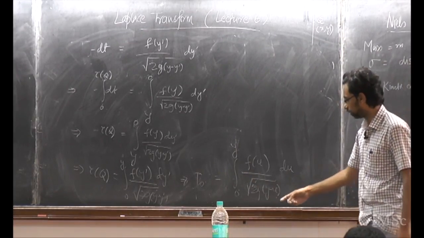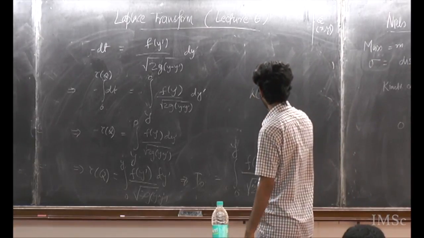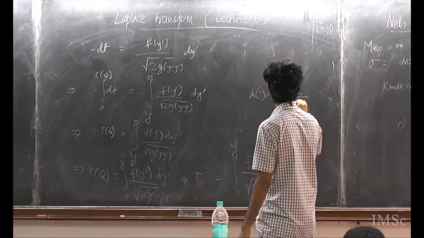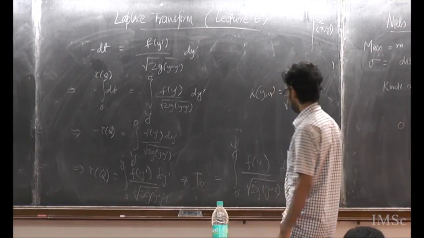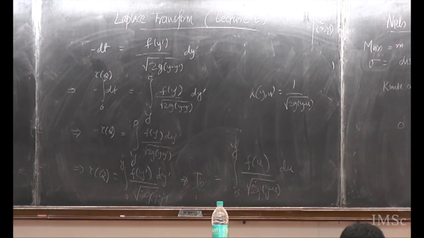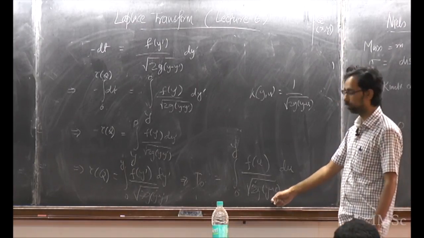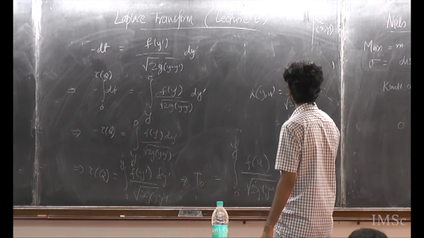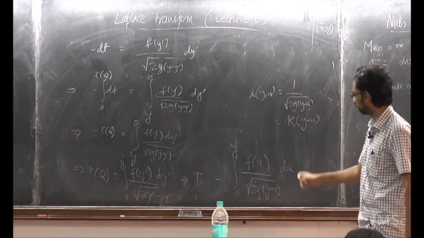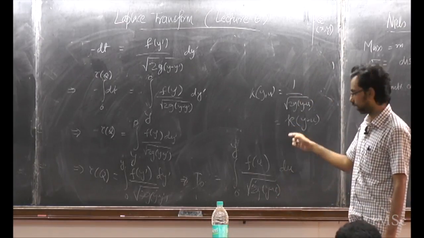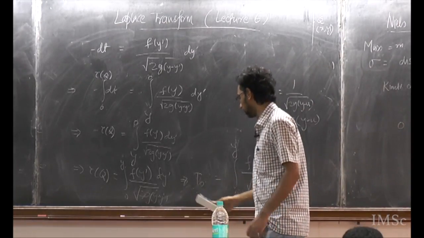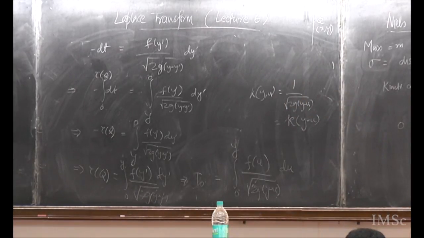This is the kernel, 1 over root 2g k of (y, u). This is 1 over root 2g (y minus u). Is this a convolution equation? You only have the y minus u term, so you can put it as some function of y minus u. So this is in fact a convolution of small k and f, and this is a constant. So this is the Volterra equation of the first kind, and in fact it's called Abel's integral equation.